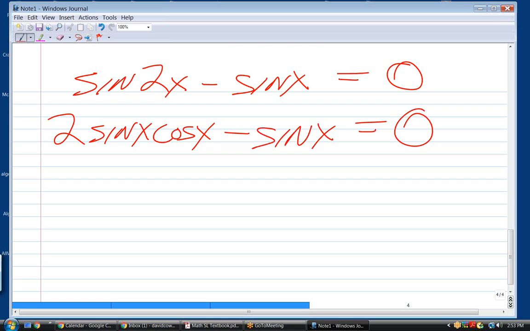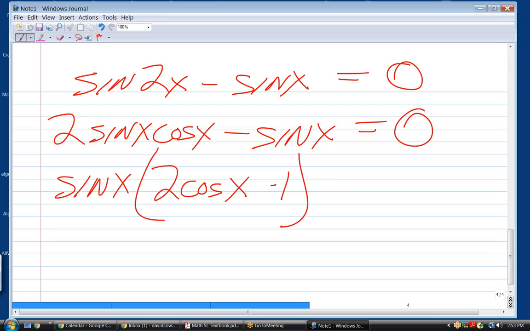Either they're quadratics or I can factor this thing into the product of 2 things. So if I take a sine out, what do I have left? Then I have 2 cosine x minus 1. Notice I have the product of 2 things, this times that. And since it's equal to 0, the next thing I can say is what?